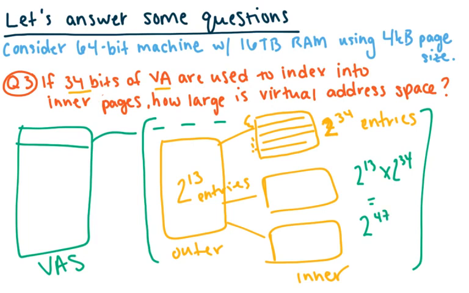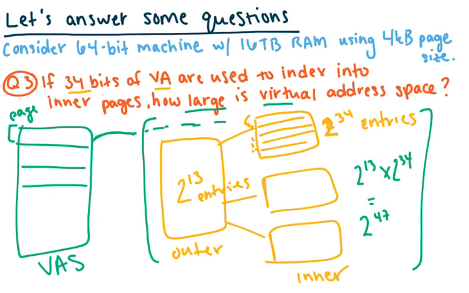Okay, so that's the number of entries, but that's not the question. The question is how large. So we know that the virtual address space is in pages, and each one of these pages can index into this many number of entries. So that's the total number of pages that we can have. To get the total size of the virtual address space, we just need to multiply this by the page size.